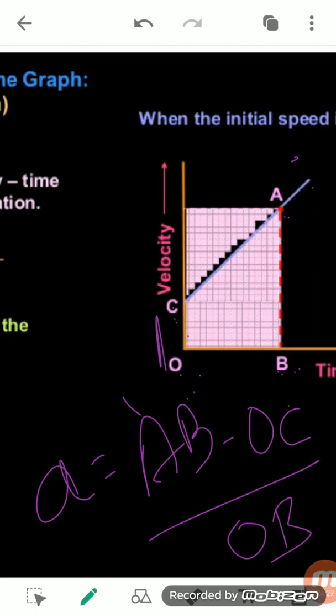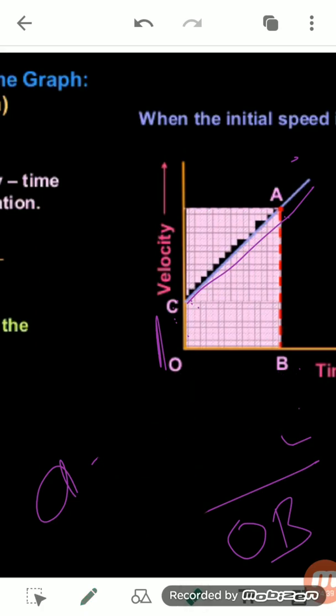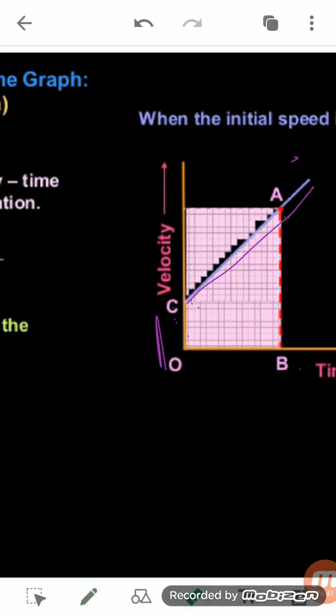You can see here this is a uniform acceleration, but the initial velocity is not equal to 0. There is some initial velocity, and after the body reaches point C, it starts following uniform acceleration.